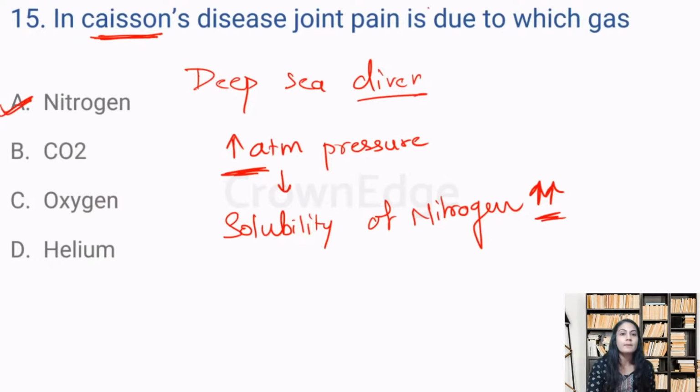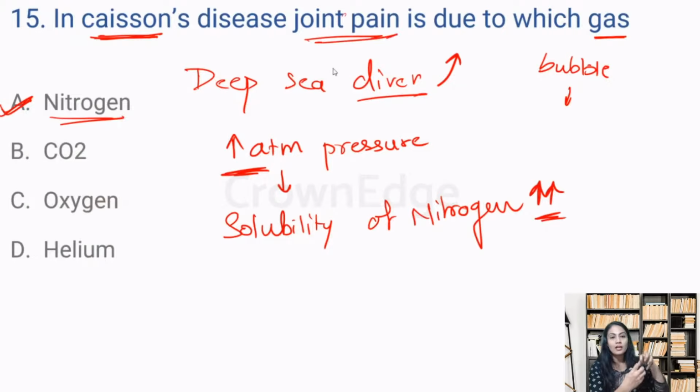If this deep sea diver comes quickly to the sea surface, what is going to happen? All this nitrogen which is already dissolved in the blood will not be able to come out, and it will form bubbles, and these bubbles will block the arteries. These nitrogen bubbles are going to give the joint pain. Okay, so they are going to get stuck in between the joints.